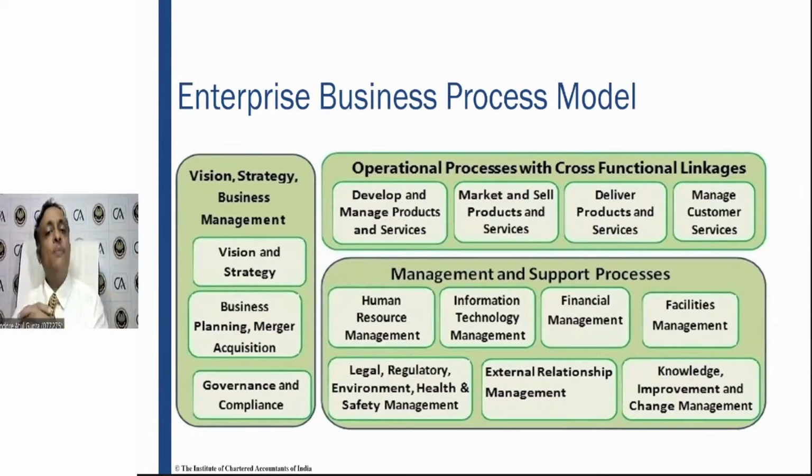And these are back-end processes that include HR management, technology management, financial management, facilities management, legal, regulatory, environment, health and safety management. Probably you have all read the Factories Act. Then external relationship management, the compliance issues, external other departments, knowledge improvement, and change management. So that is how a business process model looks. Very, very important.